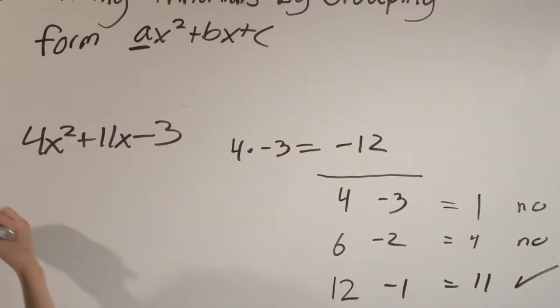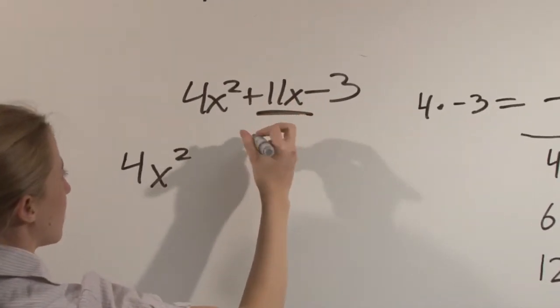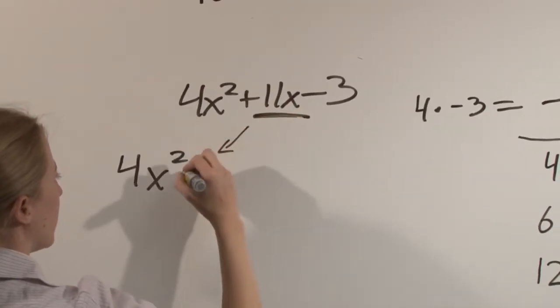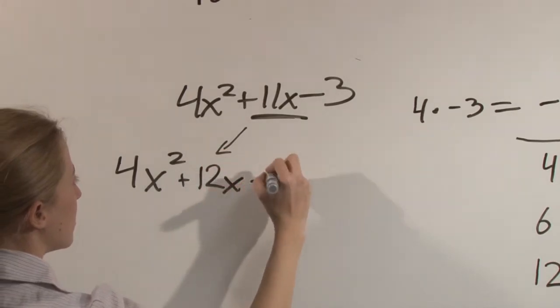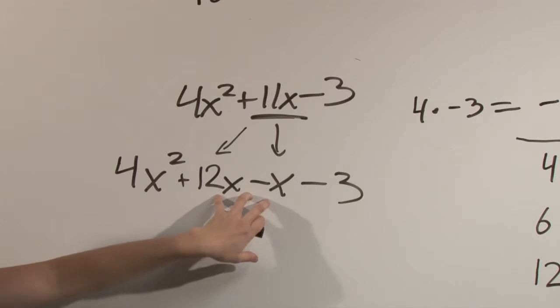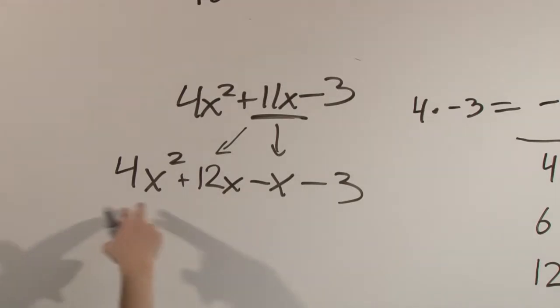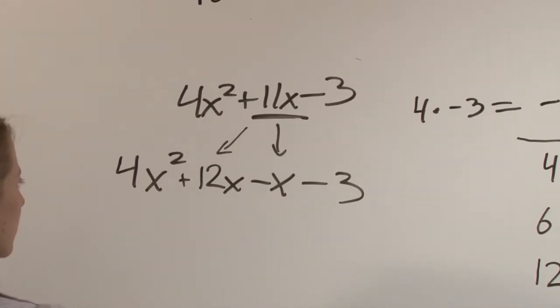So then I'm going to take this 11x and break it up into a 12x minus x, because as you can see, that's going to add up to 11x. But that allows me to factor by grouping because now I have 4 terms here.